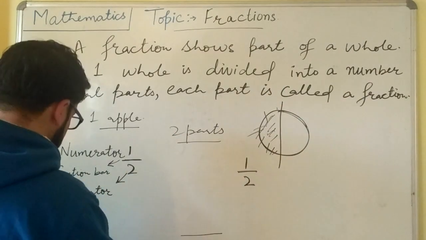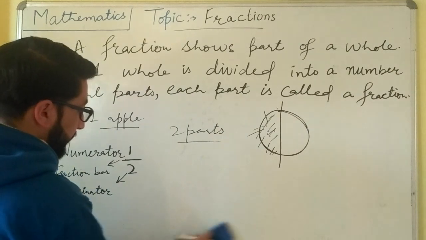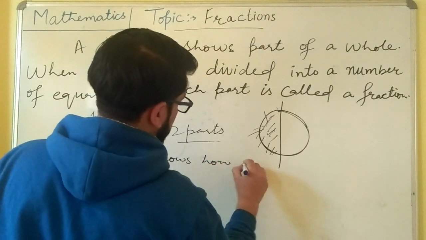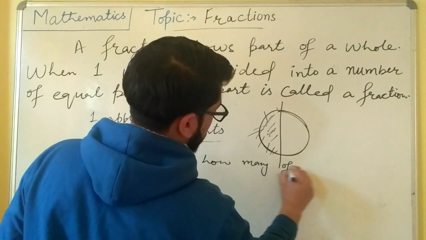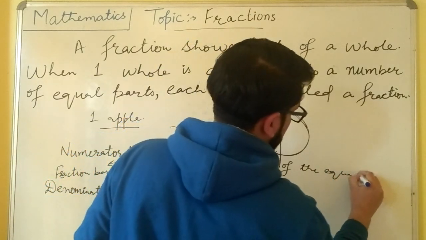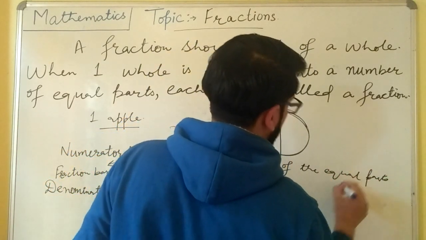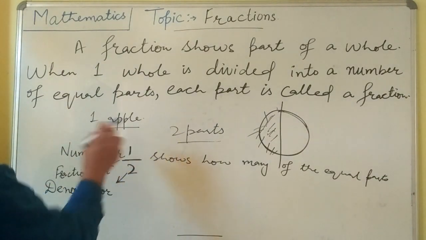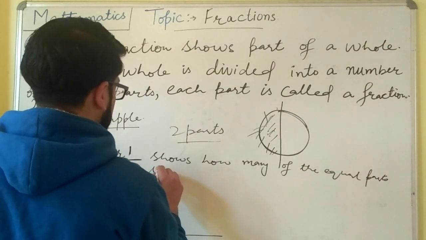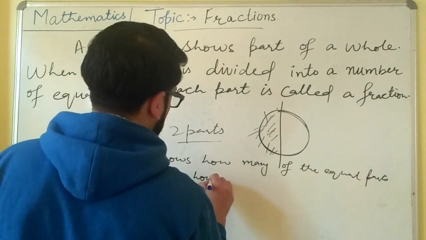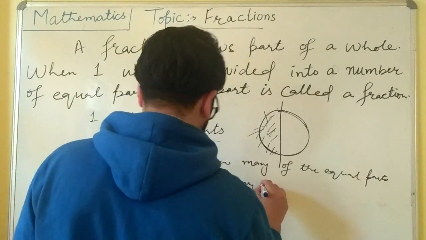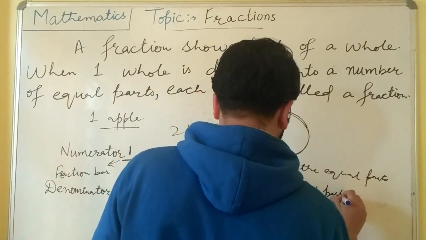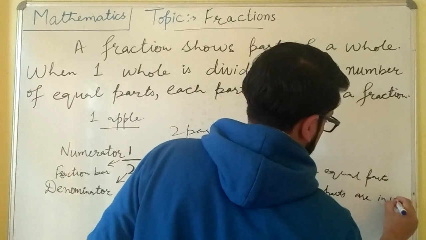Here this numerator shows how many of the equal parts. So this top number, the numerator, shows how many of the equal parts we have taken, and the denominator here shows how many equal parts are in the whole.